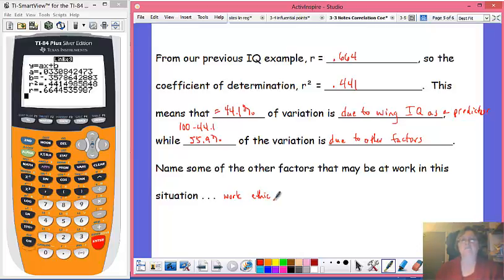Other things that might be at work are time spent, or time factors, and stress can have something to do with GPA. There are lots of things that might also be affecting GPA, not just the IQ. It isn't all about smarts, although that's a large part of it.